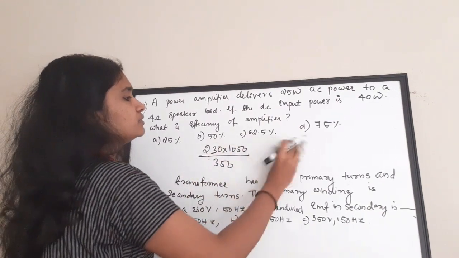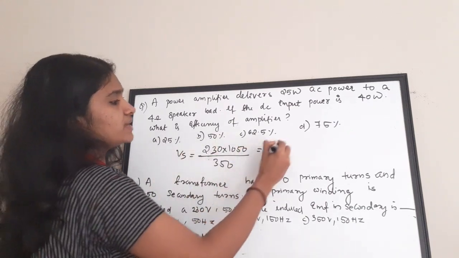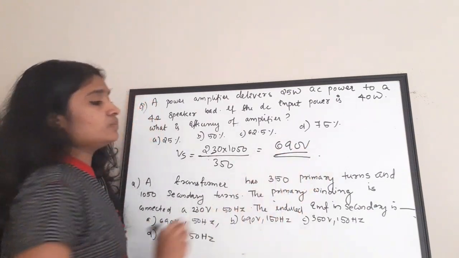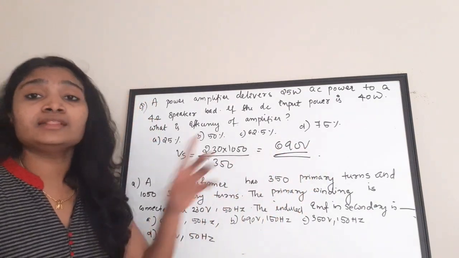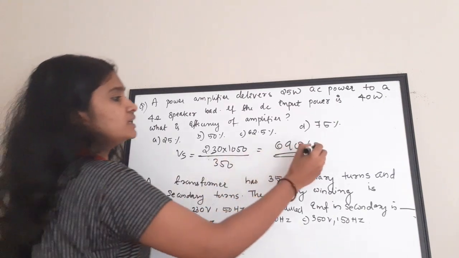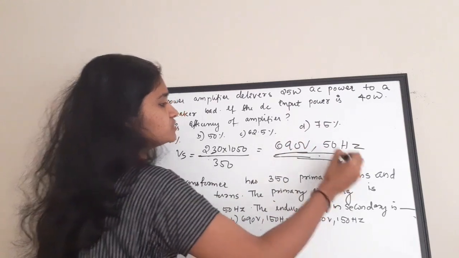This will be your Vs. Okay, so if you solve this, you will get the value as 690 volt. Okay, so 690 volt and the frequency will be the same. So 690 volt 50 hertz is the value of your secondary induced EMF.